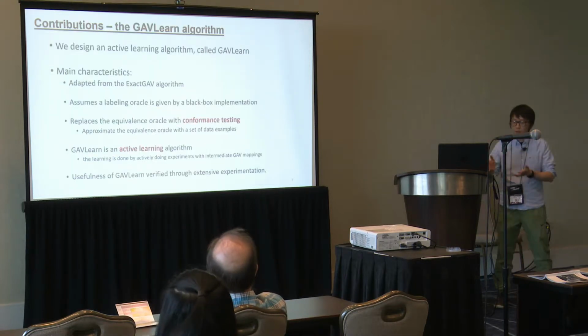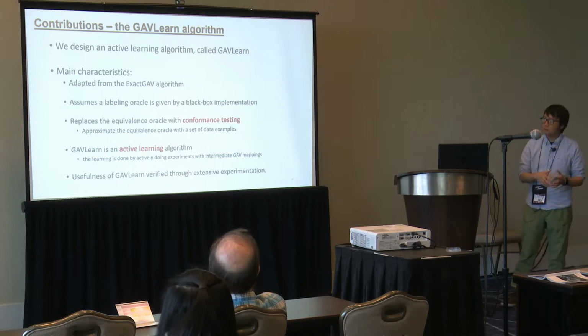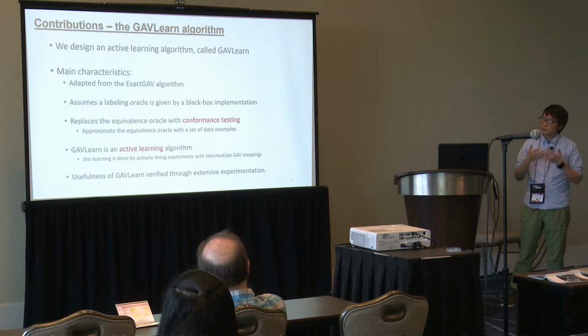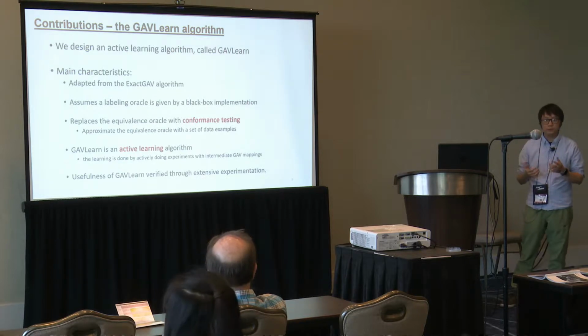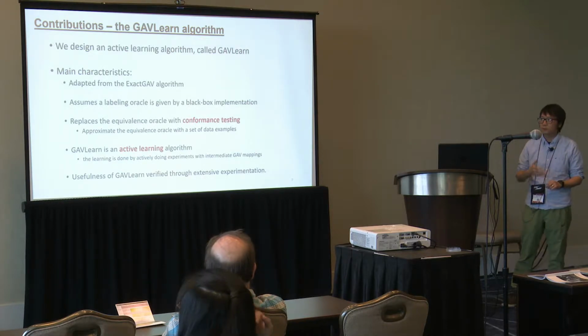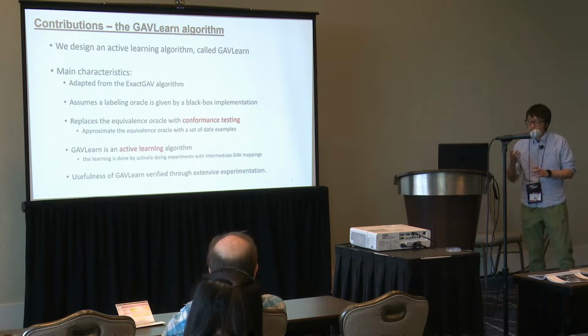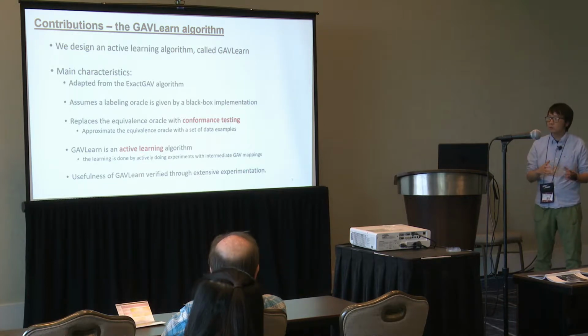So to solve this problem, we designed an active learning algorithm, which we call GAVLearn. The main characteristics of the algorithm are the following. First, it is adapted from the exact GAV learning algorithm. Second, it assumes that the labeling oracle is given by a black box implementation. And third, it replaces the equivalence oracle with conformance testing.